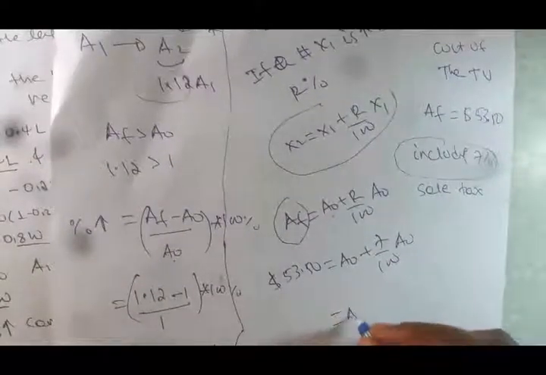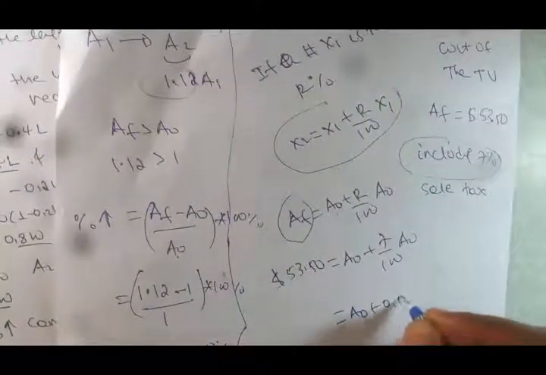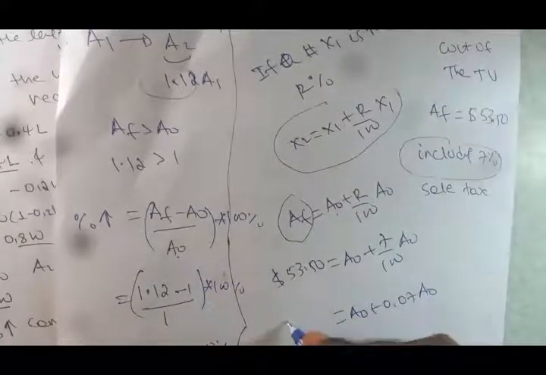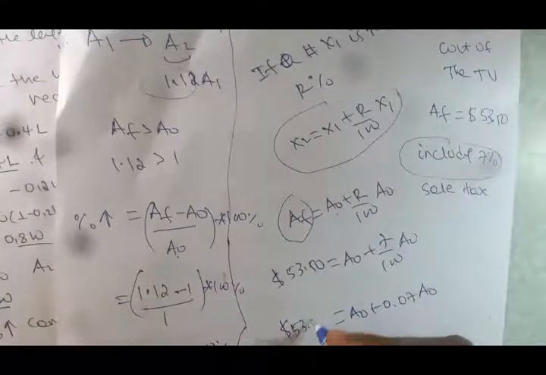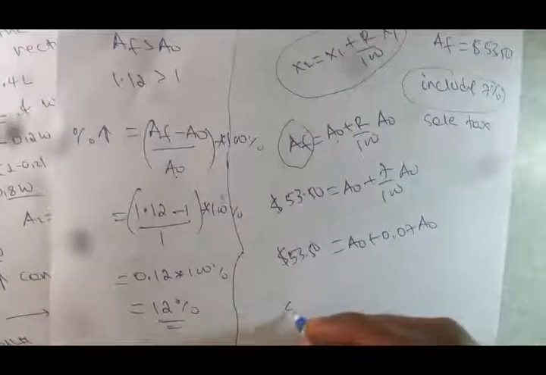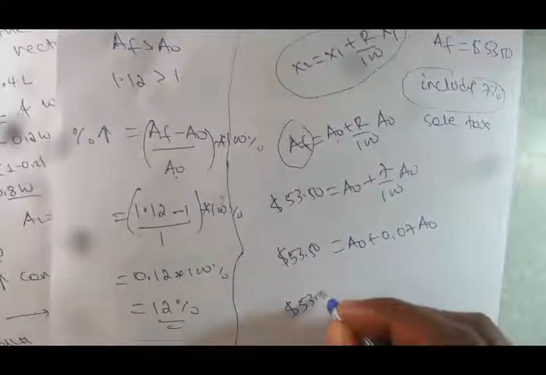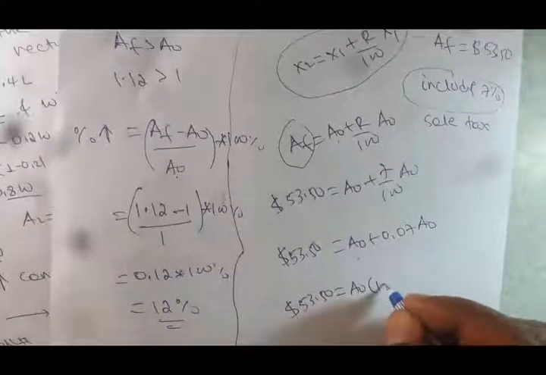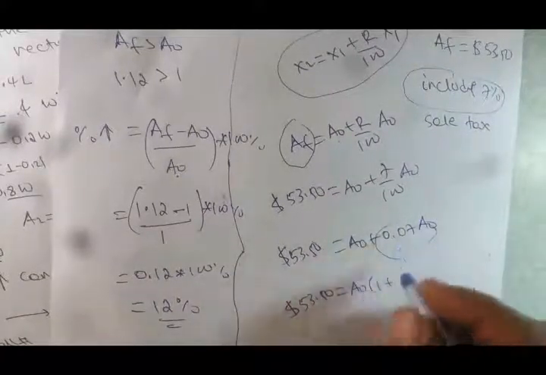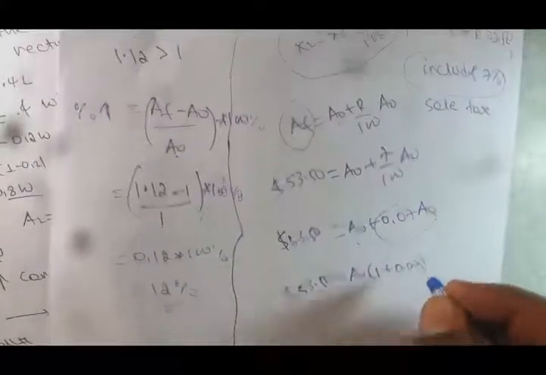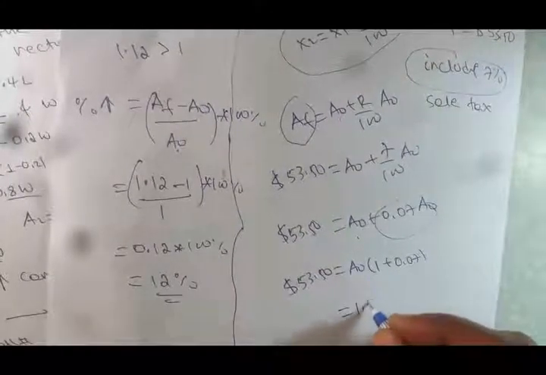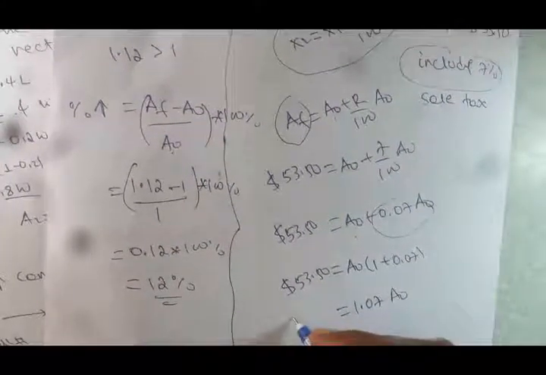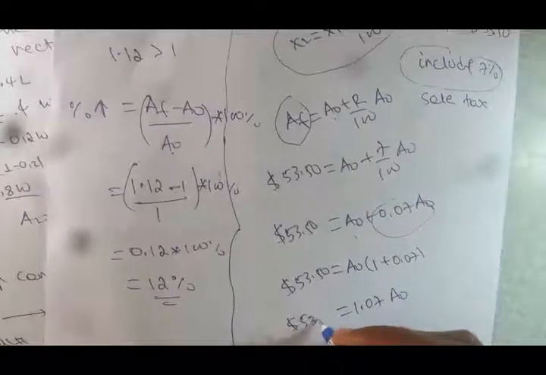This is equal to A0 plus 0.07 times A0, equal to $53.50. When we take A0 common, A0 divided by A0, 1 will be left. When this number is divided by A0, 0.07 will be left. This is equal to 1.07 times A0, $53.50.